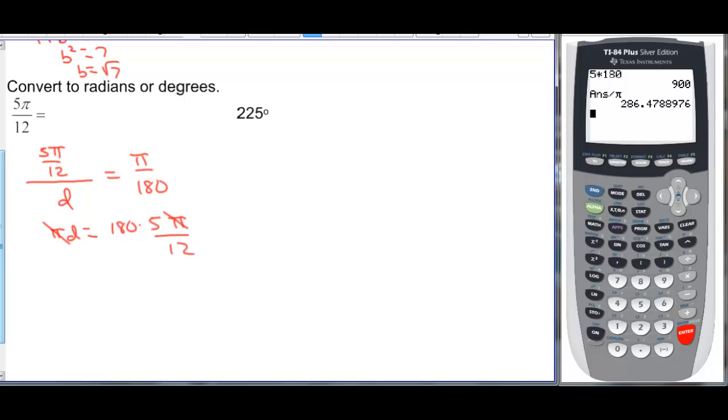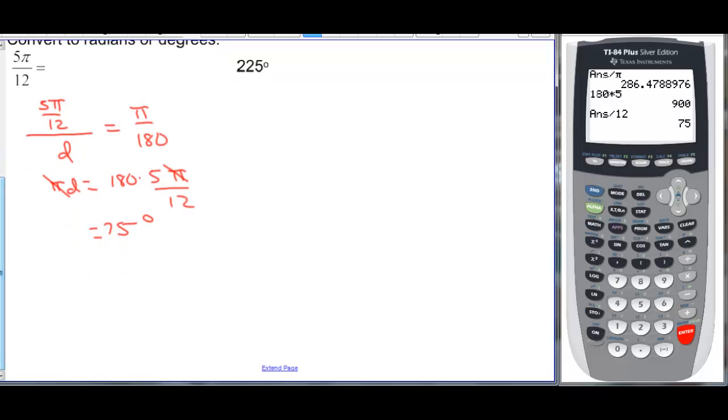Well, on this one, we can divide both sides by pi. Those are gone. So we really have to worry about 180 degrees times 5, and then we can divide by 12. So that's 75 degrees.